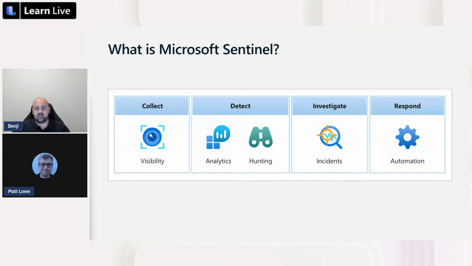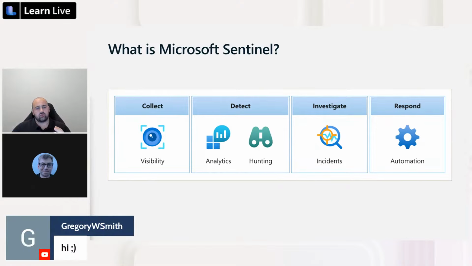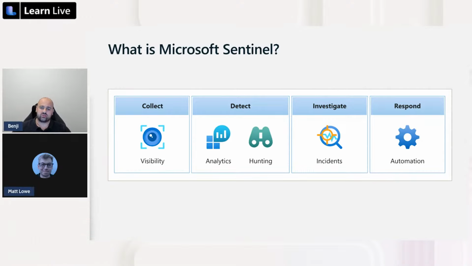So what is Microsoft Sentinel in this case? Microsoft Sentinel gives you the opportunity to collect data from all those different sources. It gives you options to analyze and hunt through the data, investigate using incidents, and also respond using automation.